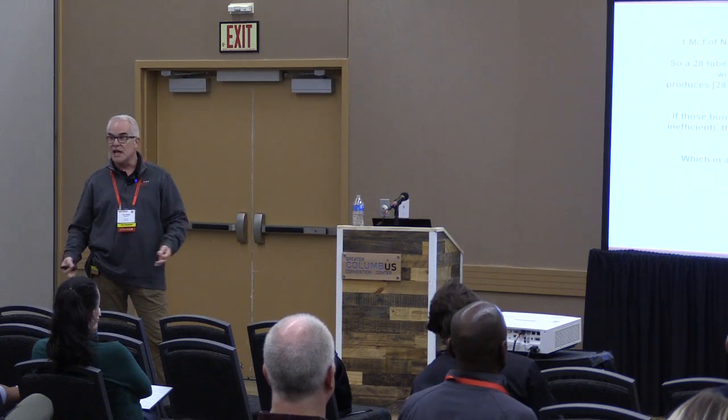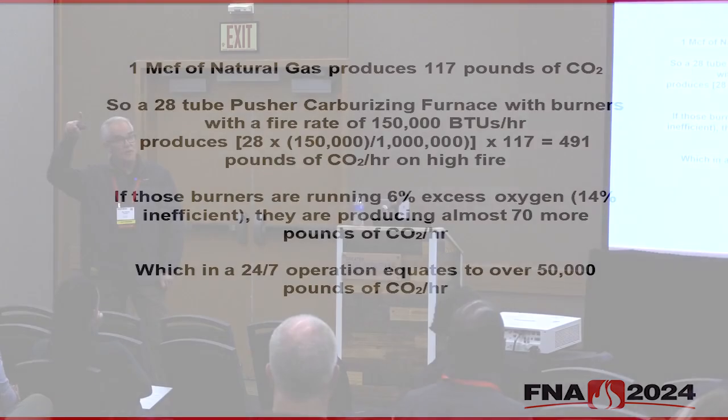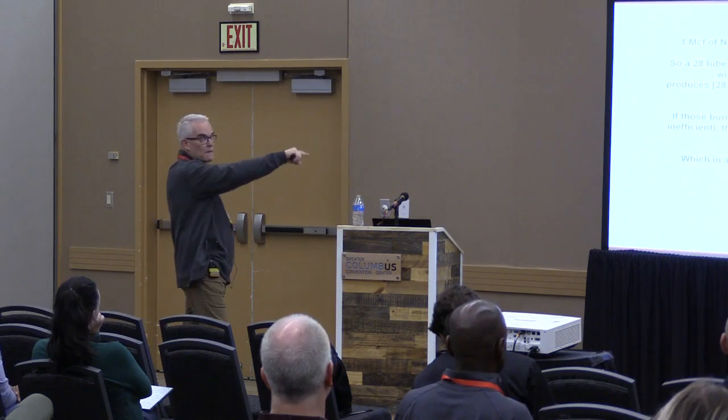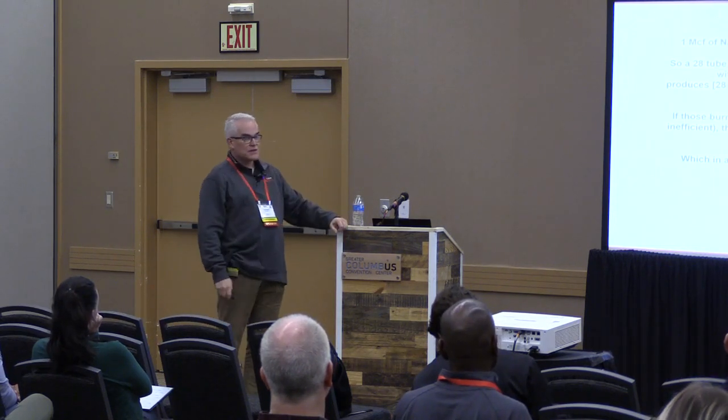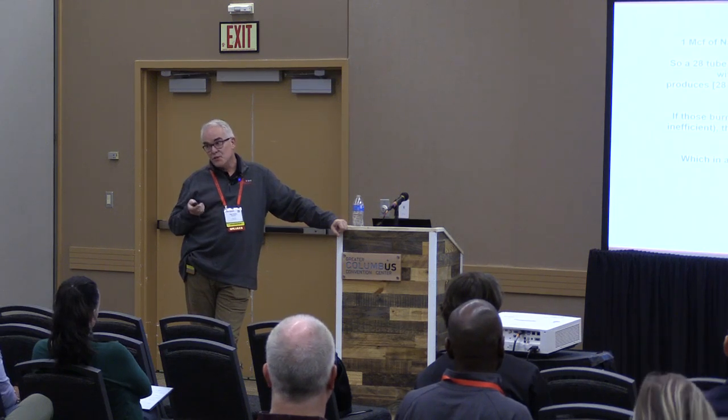It starts adding up. And if instead of 6% excess oxygen, you're at 8% excess oxygen, it's not linear. It's not really exponential, but it certainly speeds up quicker than linear. So the more out of tune you are, the more CO2. And if that's not an issue for you yet, it will be soon.